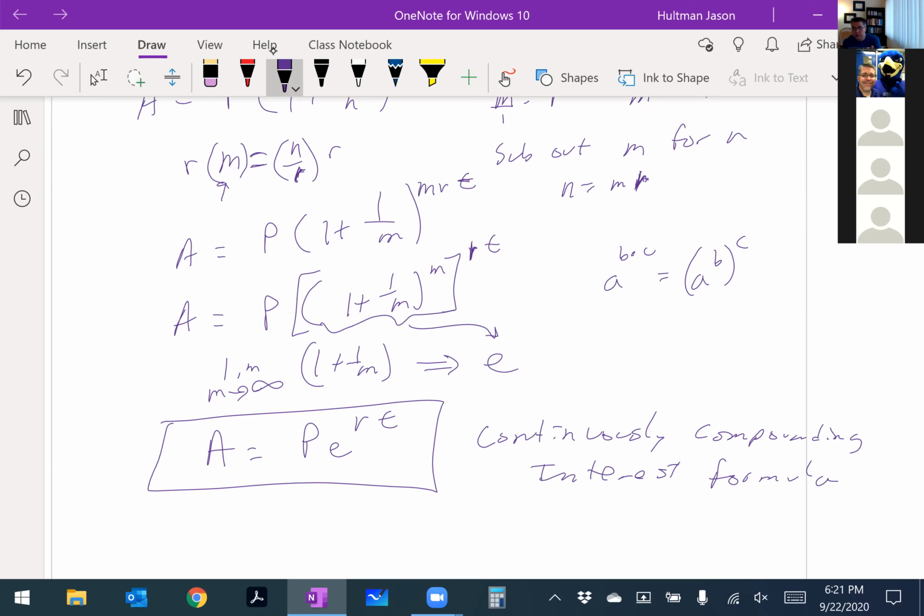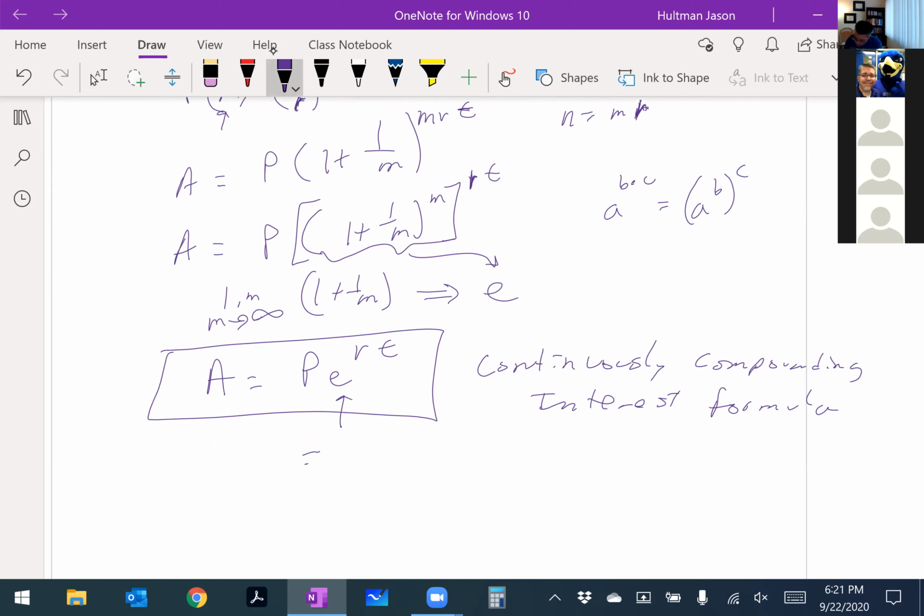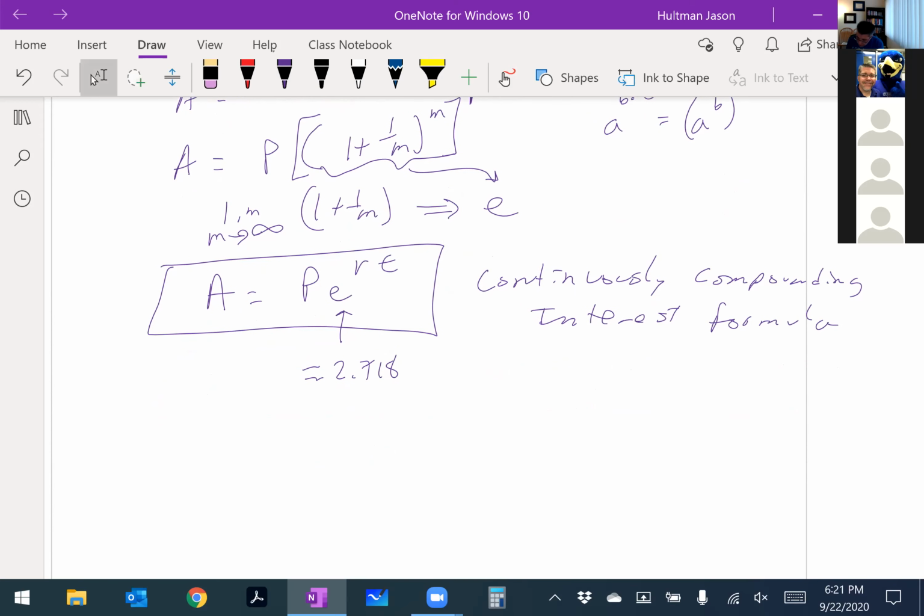For any principal, rate, and time, you can plug it into this formula using that 2.718 as your base, and you can get the continuously compounding interest formula that's going to give me the value of maximum return on my investment if I continually compound.